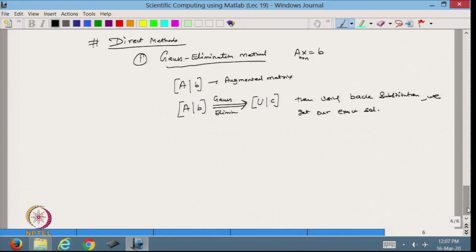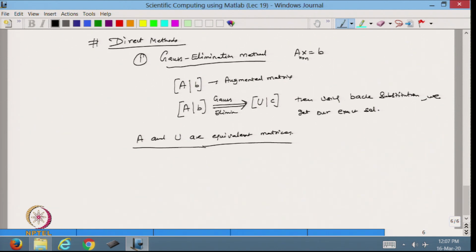From our knowledge of matrices we know that the matrices A and U are equivalent matrices. So, A and U will be equivalent matrices. Okay, so that is the Gauss elimination method.